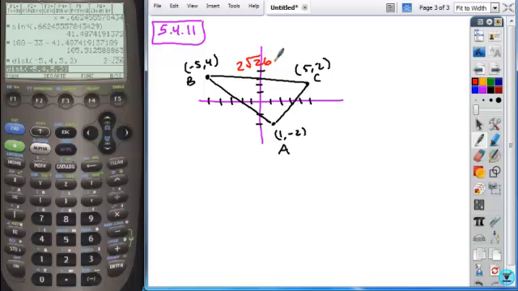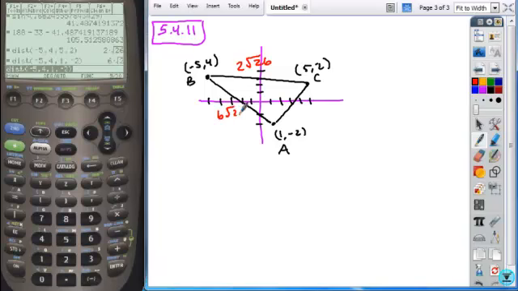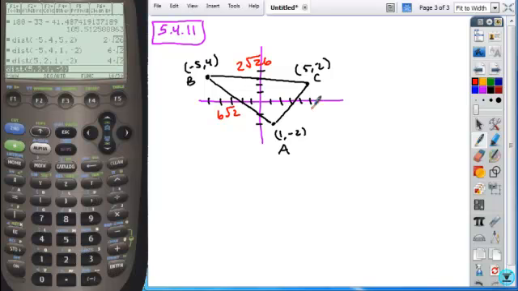So in order to access it, you hit varlink, this second, and then the subtraction key, and then you can scroll down until you get to it. Okay, so once I enter my first one, I'm going to now find AB. And then I'm going to find AC, lastly.